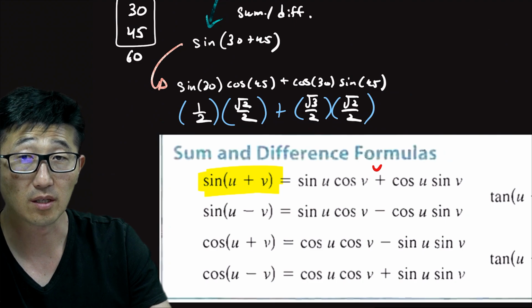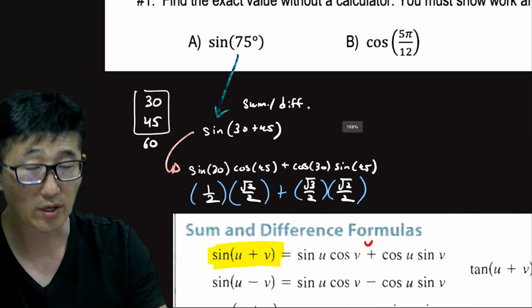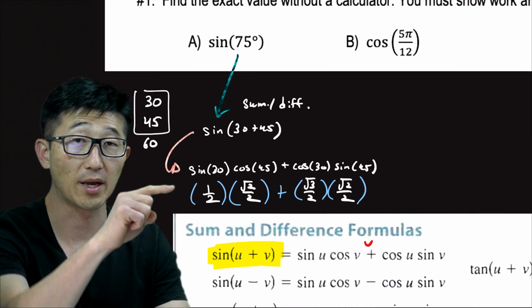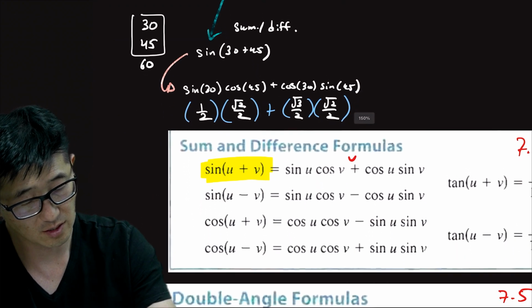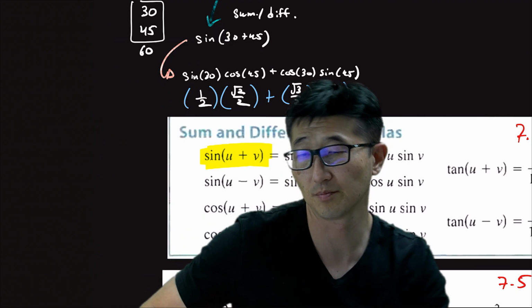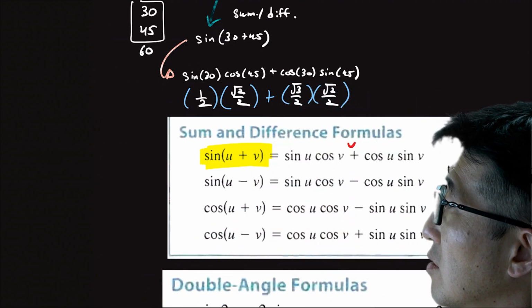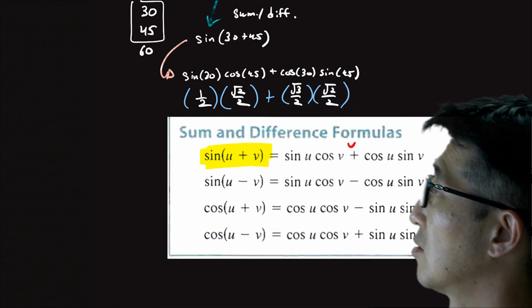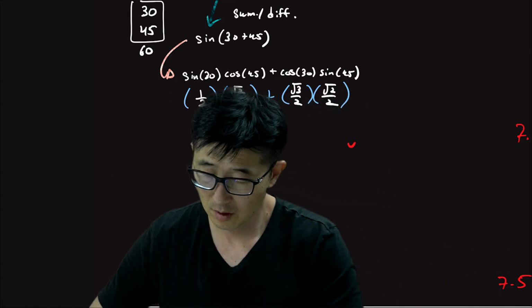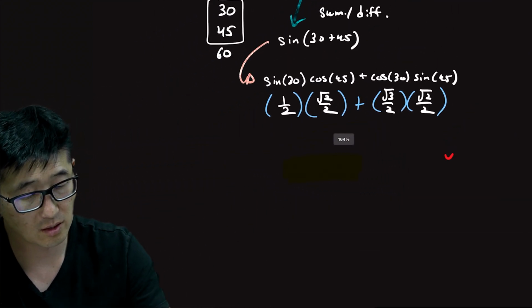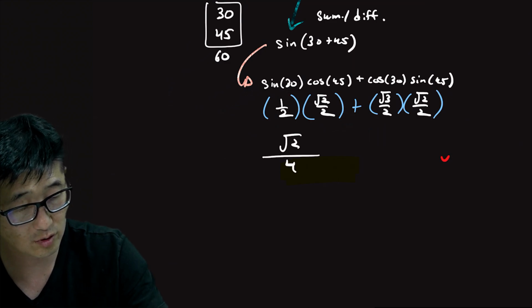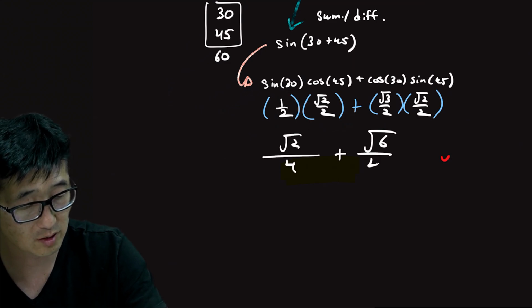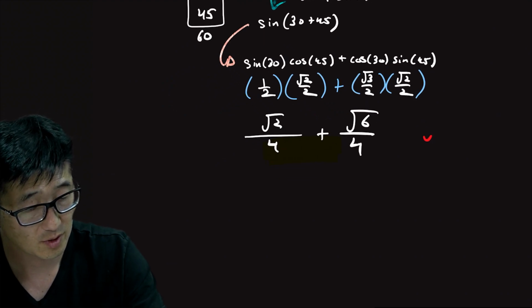Okay, so we're now doing sine 75, but we're doing it by hand now, and all you have to do is just multiply this out and add it. So we got radical 2 over 4 and radical 6 over 4.